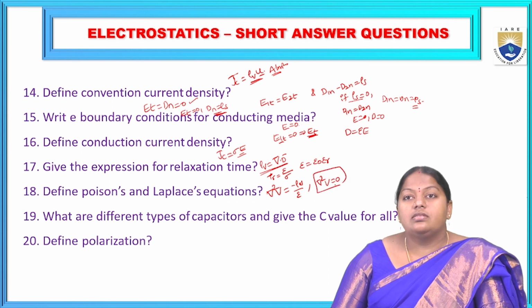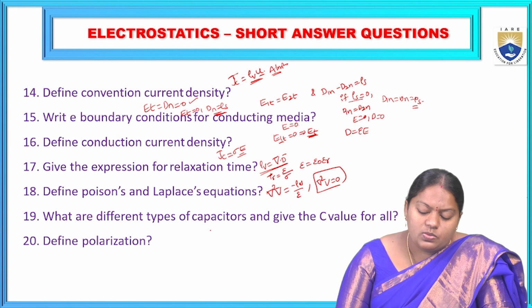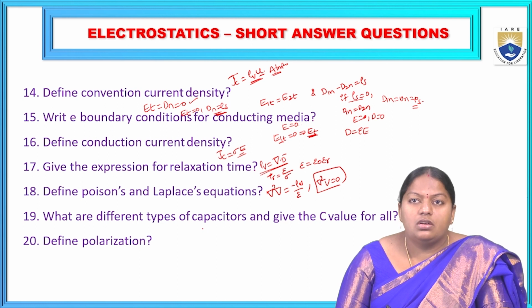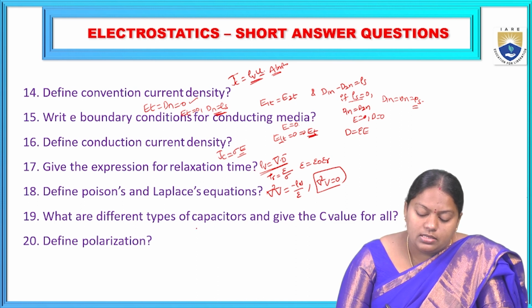Next, what are the different types of capacitors, and give the C value for all. As we know, there are three cases of capacitances we have learned in this particular module.